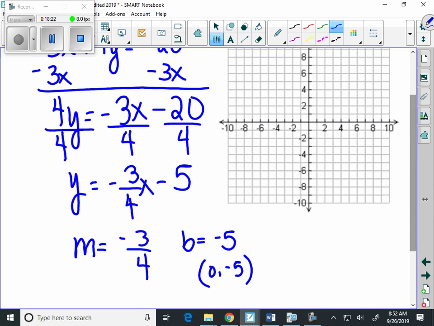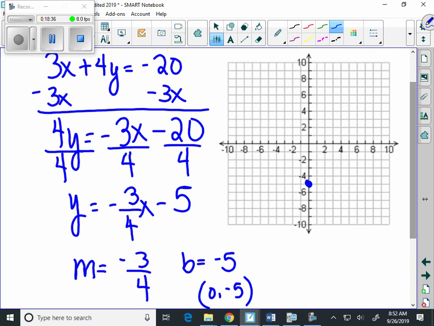With the y-intercept, start with b. B comes before m in the alphabet. So 1, 2, 3, 4, negative 5. And then our slope, rise over run. Down 3 because it's negative, to the right 4 because 4 is positive.